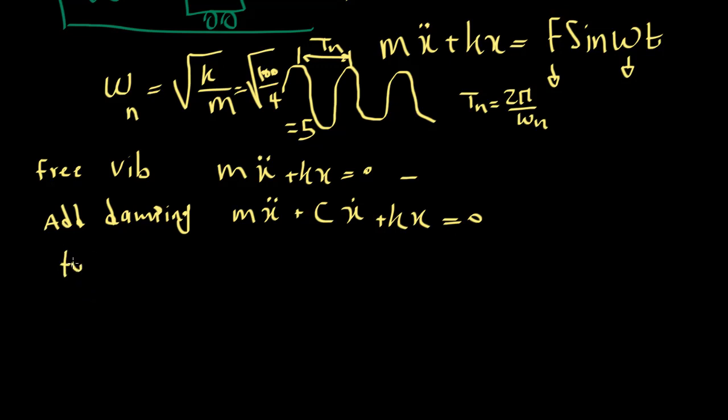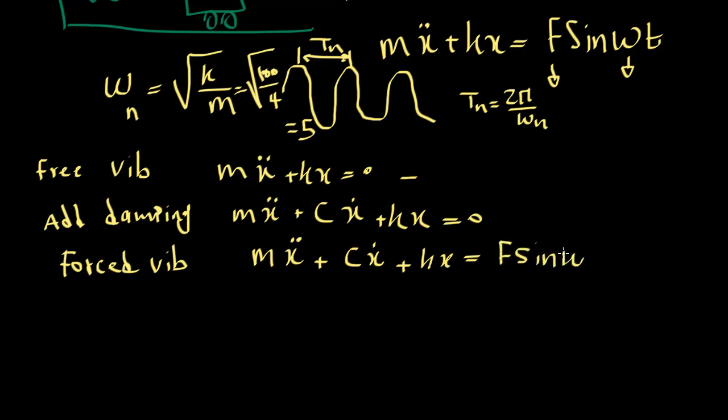So not free vibration, but forced vibration, which would be m x double dot plus c x dot plus k x equal to F sine omega t. These are the steps that you take in the mechanical vibration course to progress from this system to a little more general case where you have damping and also force.